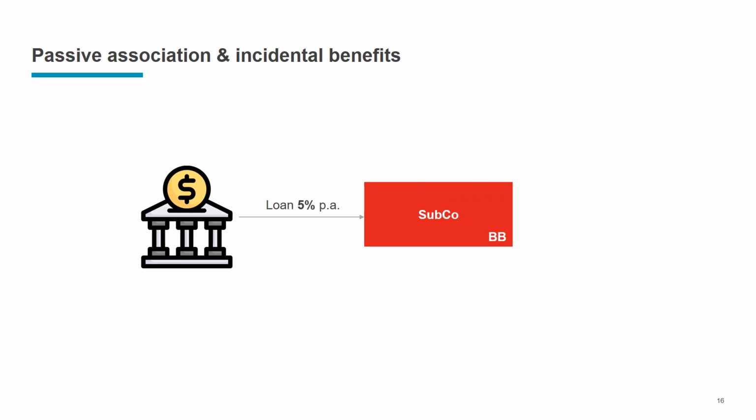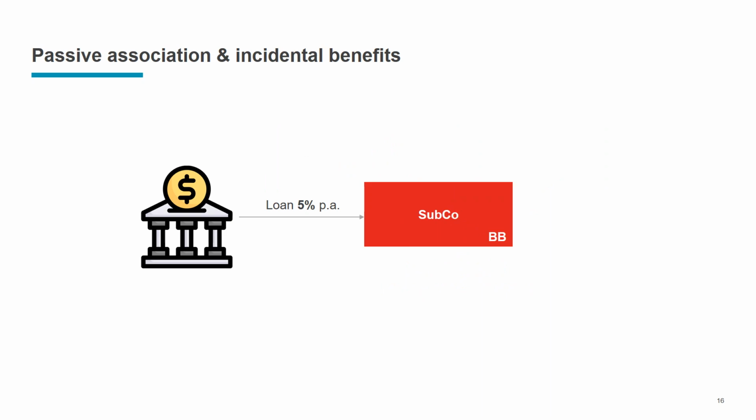So another example of non-chargeable activity is a passive association and incidental benefit. So assume there is a subsidiary company, Subco, which wants to receive a loan from a third-party bank. And Subco has a standalone credit rating.